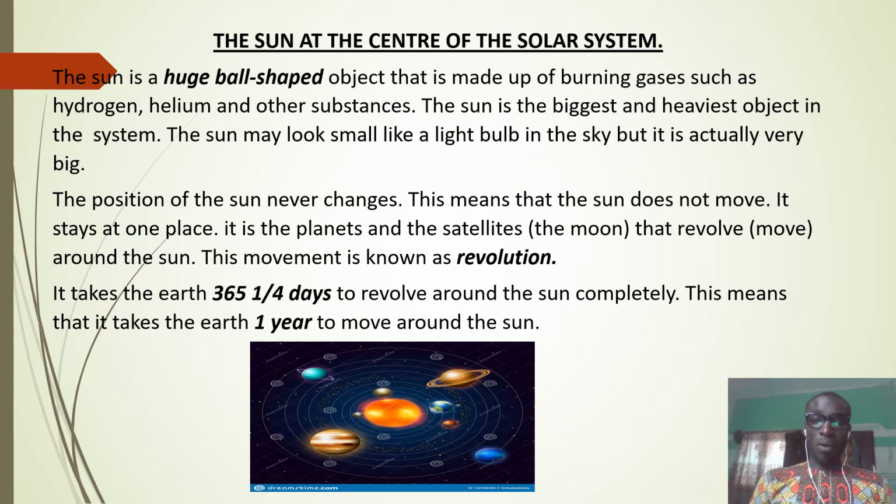This means that it takes the Earth 1 year to move around the sun.